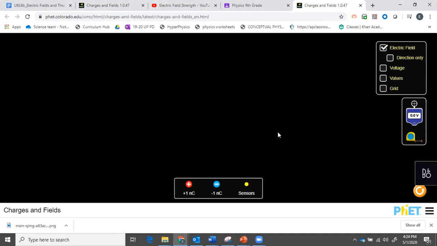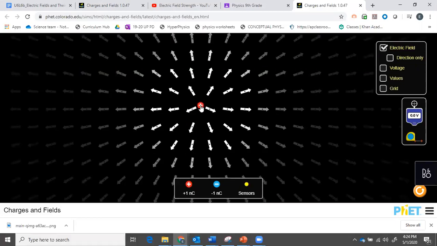I'm going to ask you guys to draw a few of these things in your notes. So here I have a positive charge that I just placed into the screen here. And I see now that there's lines that are emanating out of my charge. These lines here are a model of the electric field.